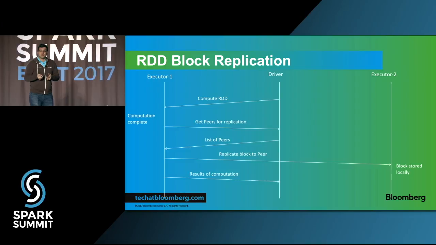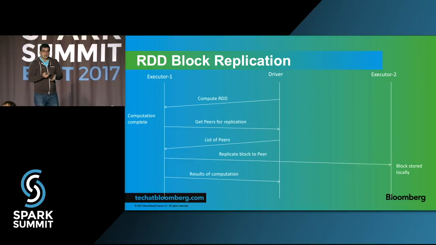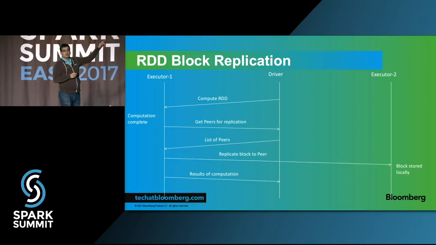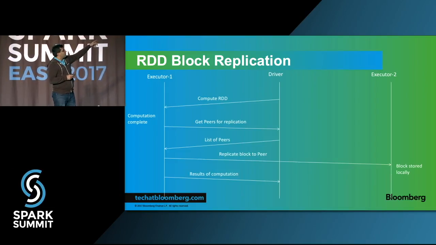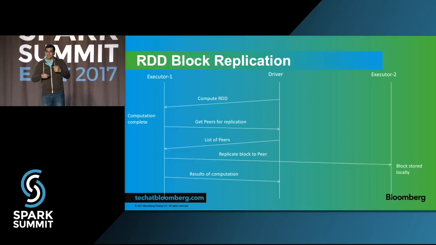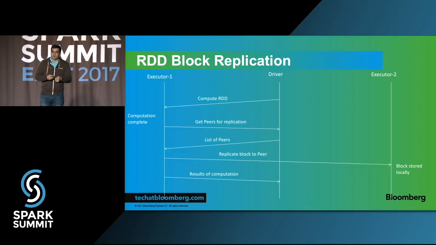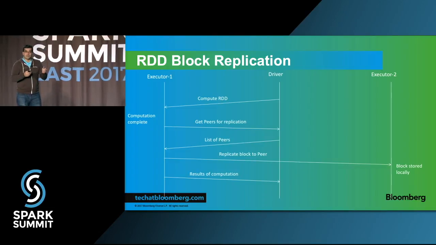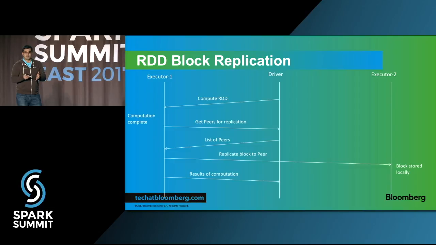So let's say you fire a job and you ask for an RDD to be cached. What happens is the driver sends a compute request to the executor, right? The executor is the one that actually does the crunching for you and generates the data. And once that data is generated, it asks the driver to give it the list of its peers.